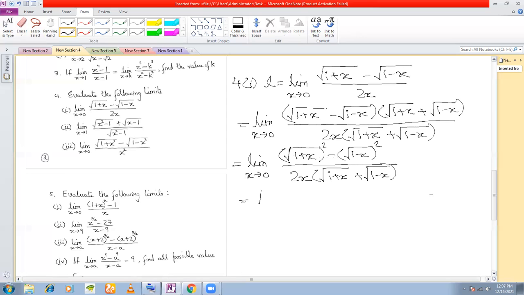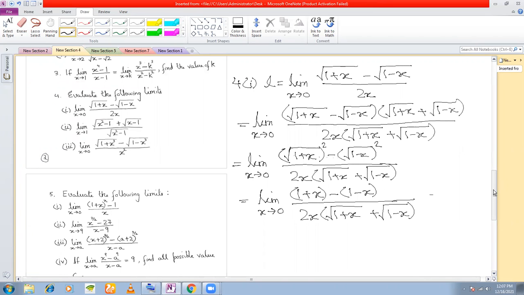Okay, so now this limit will now become, you can remove the radical now. So 1 plus x minus 1 minus x divided by 2x root 1 plus x plus root 1 minus x.